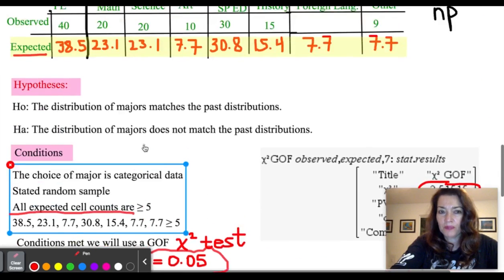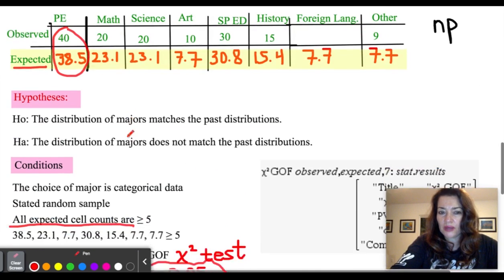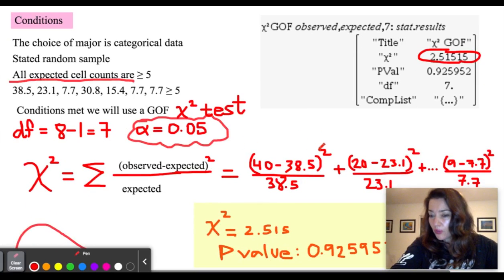So for example, if you look at the list, I'm going to take the observed minus the expected, which is 40 minus 38.5, and then I'm going to square that number and divide it by the expected value. So the expected value matches the denominator. We're always matching the expected value in the denominator.